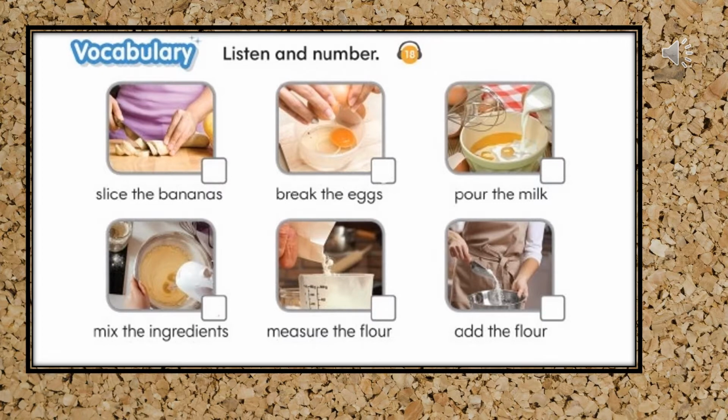Unit 3. First, break the eggs. Listen and number. Number 1, break the eggs. Number 2, mix the ingredients. Number 3, measure the flour.